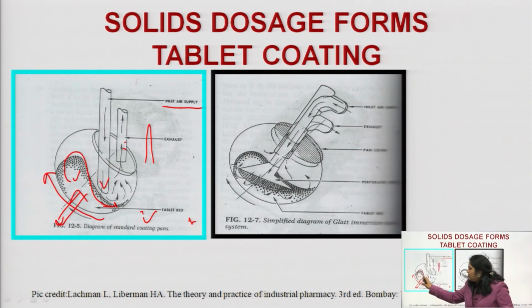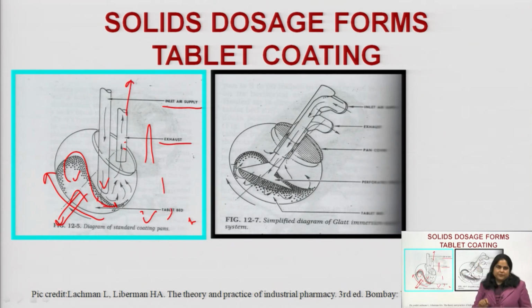When this air comes into contact with this tablet bed, it absorbs the moisture, the solvent vapors from this tablet bed, leading to dryness of the film former, making a smooth coat on the tablet, and this air, which is now less in temperature and high in moisture content, goes out from this exhaust pipe. So, ultimately, this was the most primitive pan used for tablet coating.